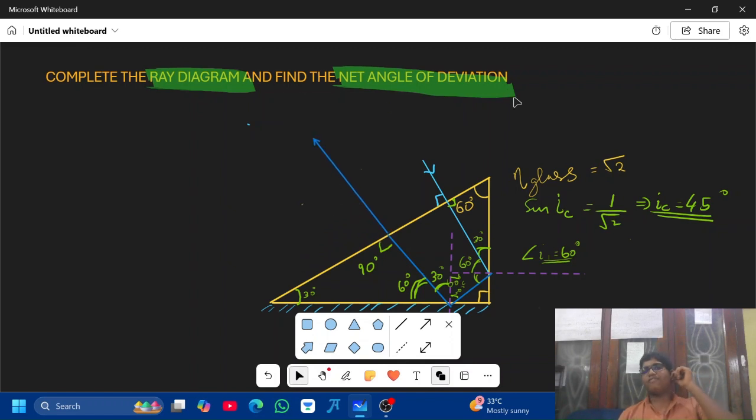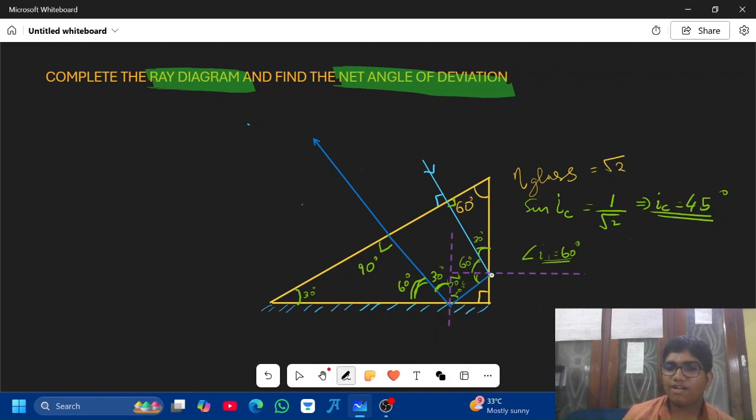So we have completed the ray diagram. Let me brush up. It comes in normal, hits the face, goes inside without deviation, without refraction. The glancing angle will be 30 degrees. Then the angle of incidence we can calculate to be 60 degrees, which is greater than the critical angle of the prism, which is 45 degrees. Therefore, TIR occurs.